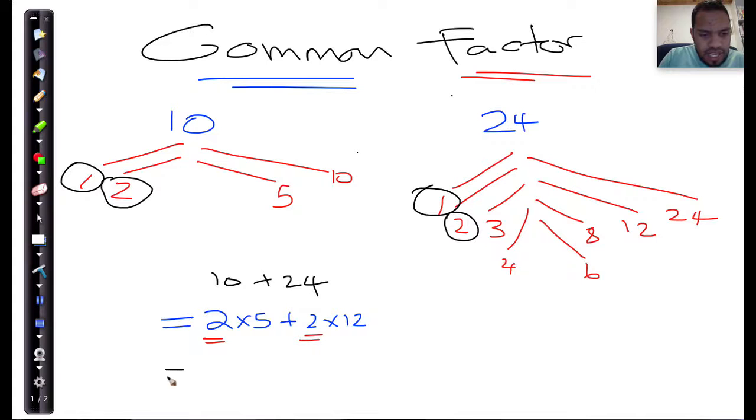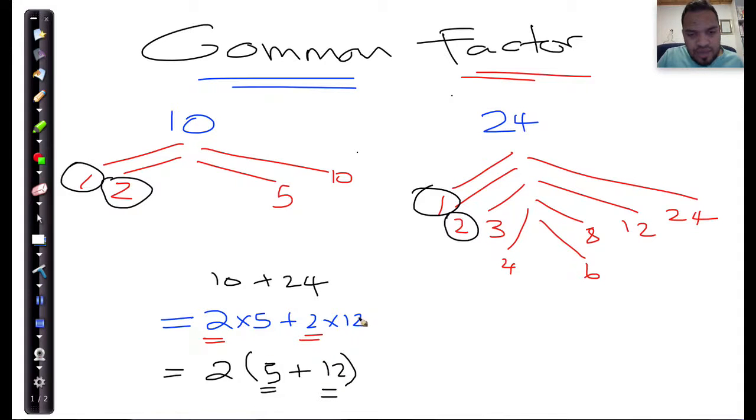I'm going to take that 2 and say 2 times what will give me 2 times 5? Obviously 5. And then I put the plus and say 2 times what will give me 2 times 12? The answer is just 12.